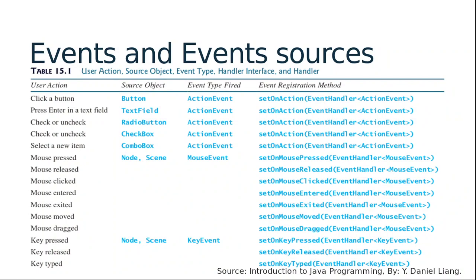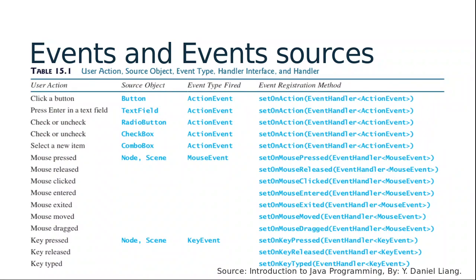There is a checkbox, check or uncheck. Then there is a combo box. It is a drop-down menu. So you select one item from the drop-down menu, and all these are action events till now. And to handle those action events, you have a method set on action, and there you pass your event handler.